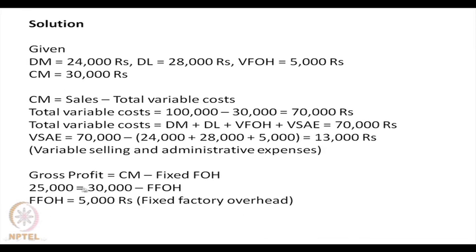Therefore, CM contribution margin is also given as 30,000. Therefore, 25,000 is equal to 30,000 minus fixed factory overhead. Therefore, fixed factory overhead is equal to 5,000 rupees. So, we have found out these values in this manner.